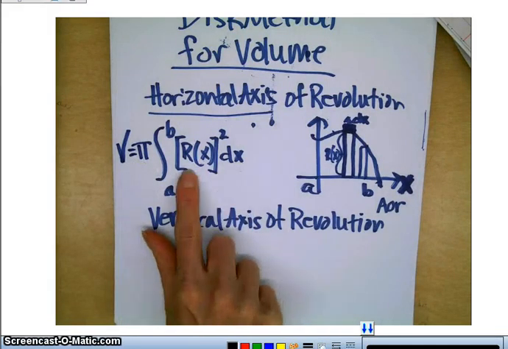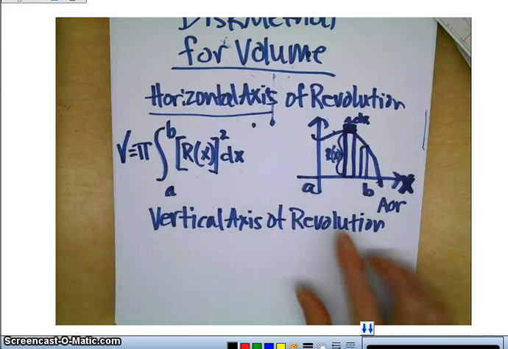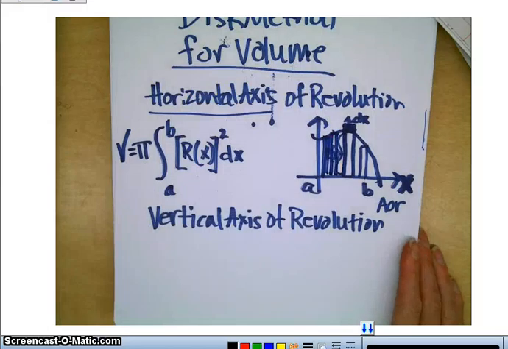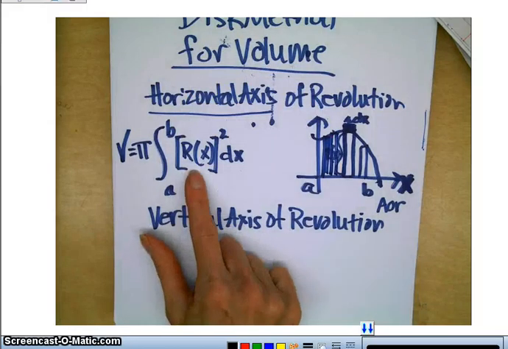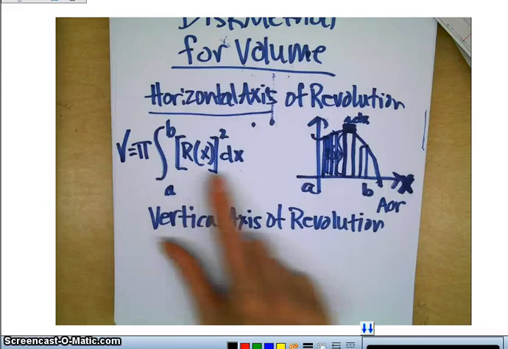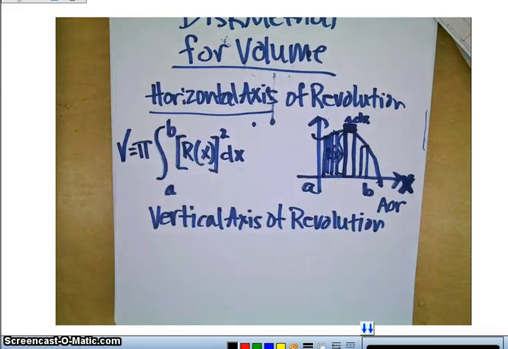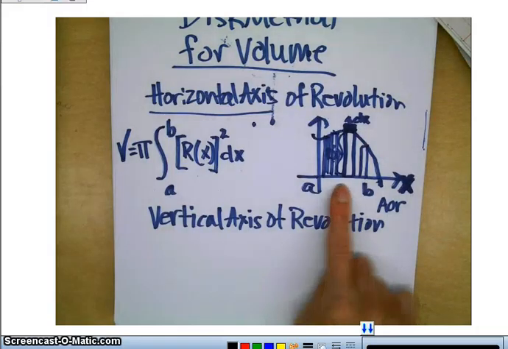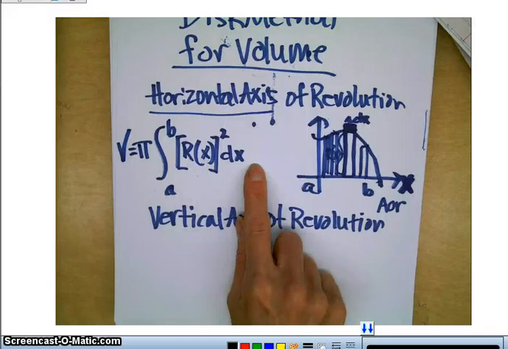But because the radius is changing at every place along here, each of these discs is going to have a different radius, and that's guided by the function squared. And the only way we can get each of those discs is to use the integration. And basically you're finding the area between the function and the x-axis, which is y equals 0. So you're really subtracting the 0.